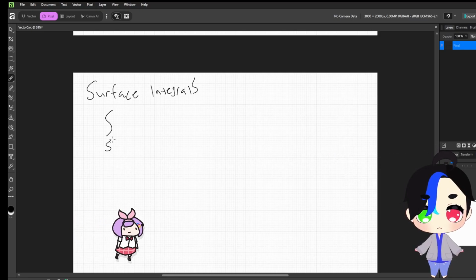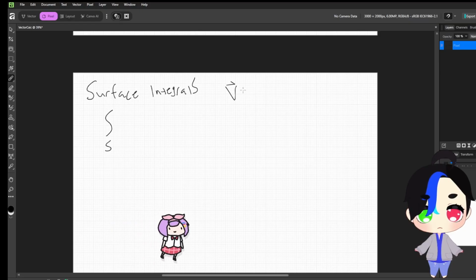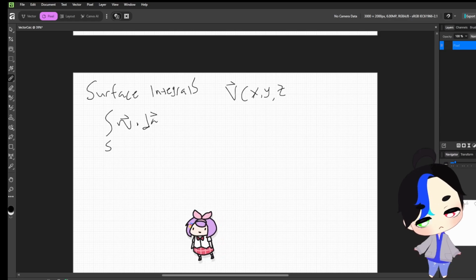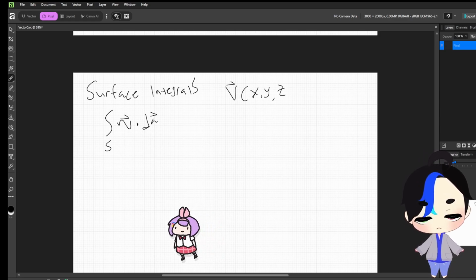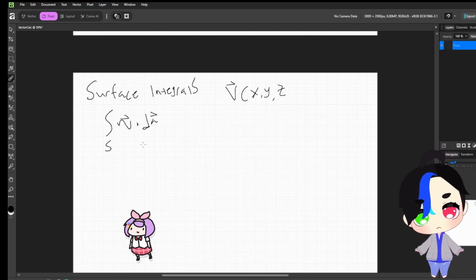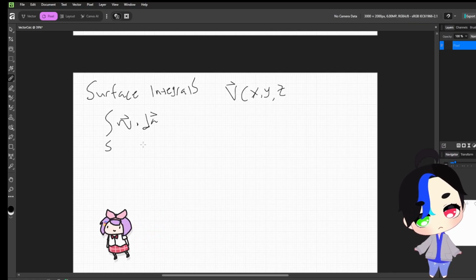So, for S, if I have some vector field that's a function of x, y, and z, then the surface integral of F dot dA adds up all of the contributions over a given surface area.